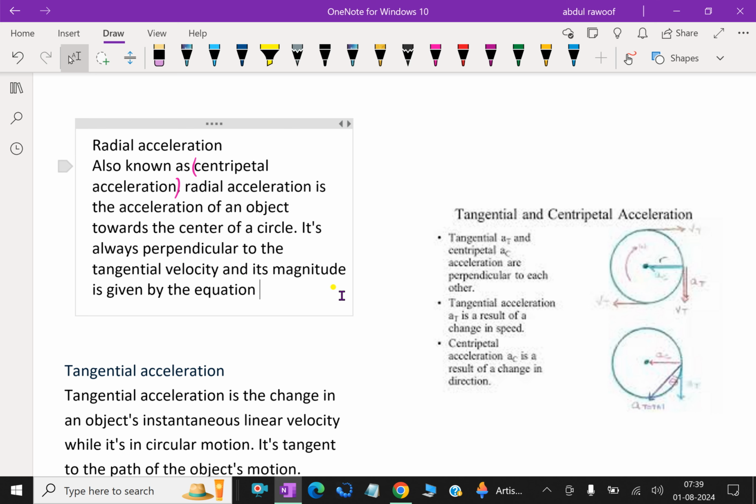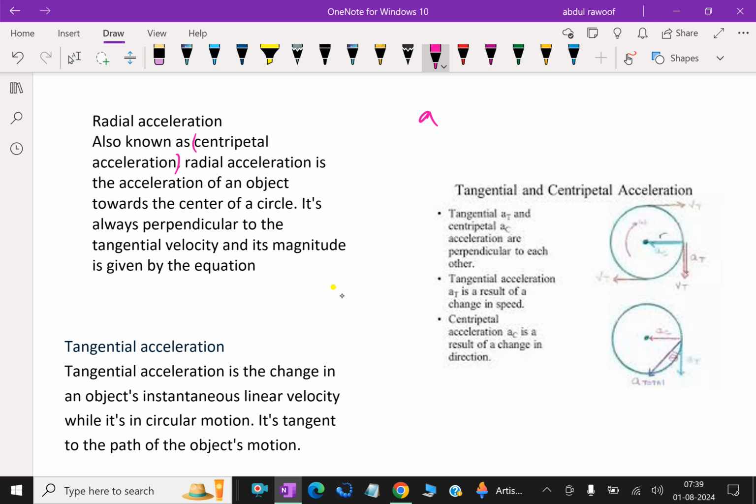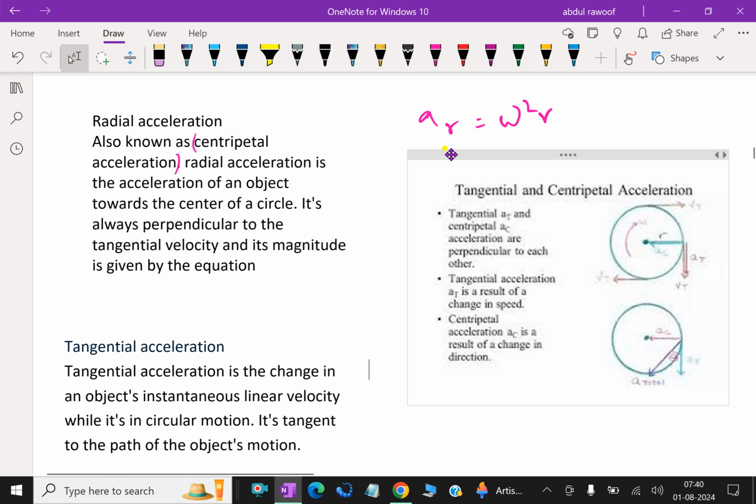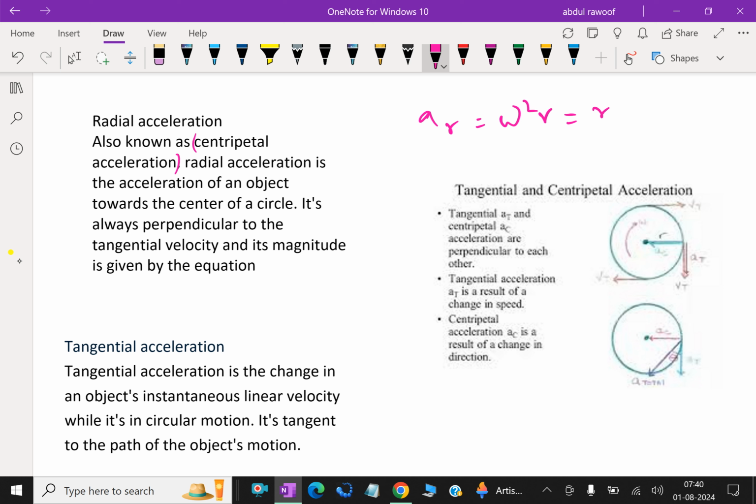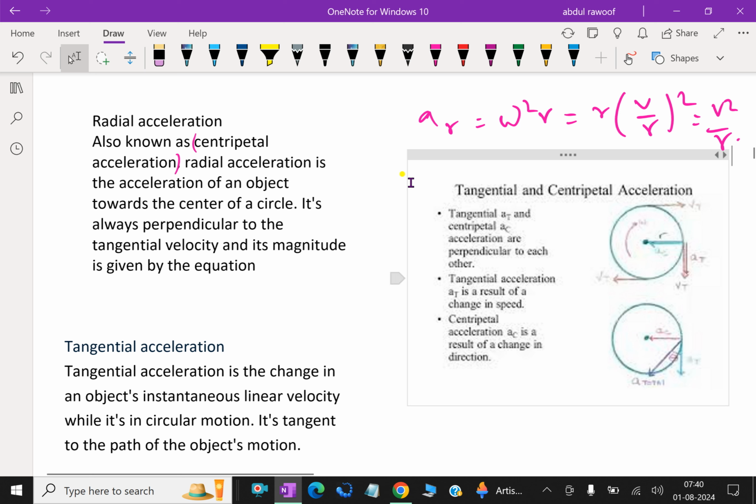First, radial acceleration a_R is ω²R. This is the formula: radial acceleration equals angular velocity squared times R. Further, since ω is v/R, squaring gives v²/R², and one R cancels, so a_R is v²/R.